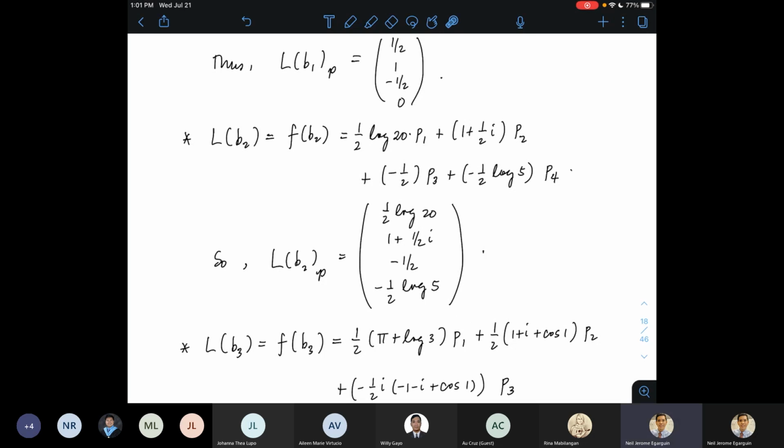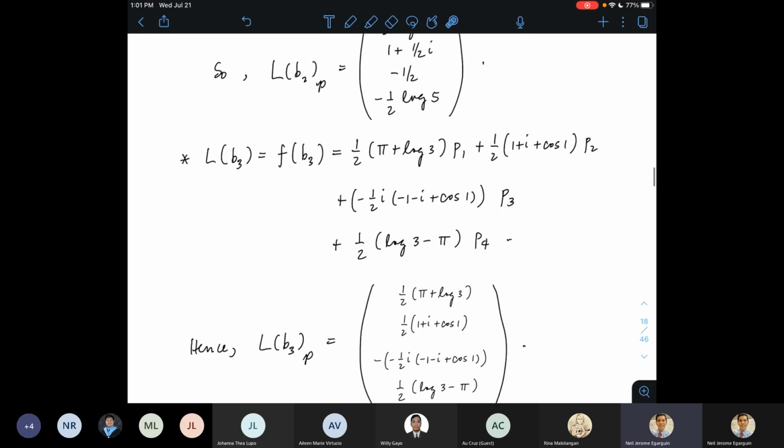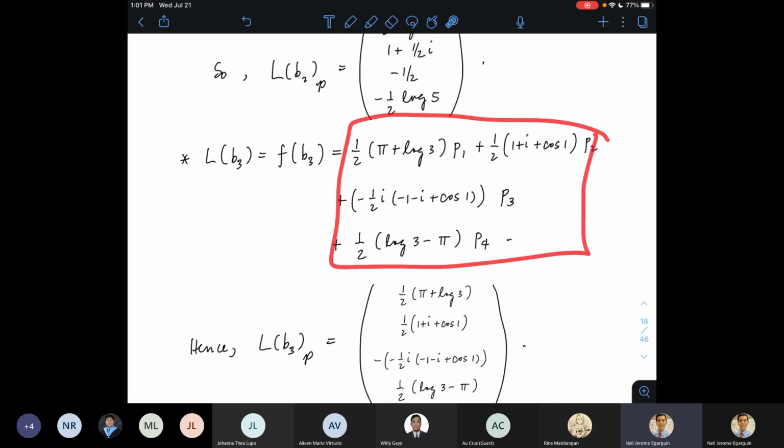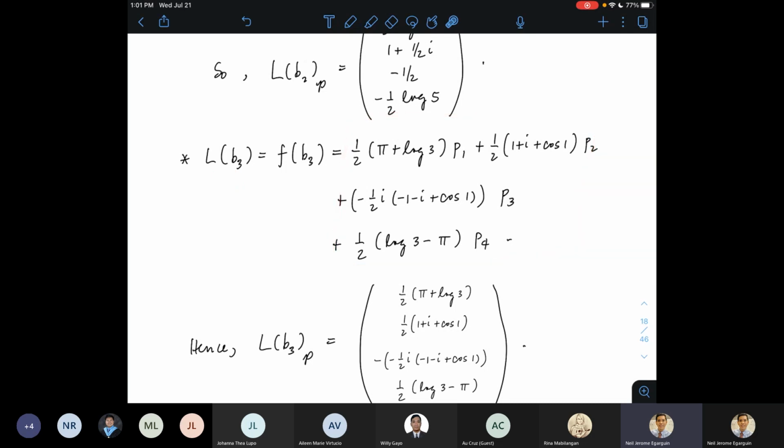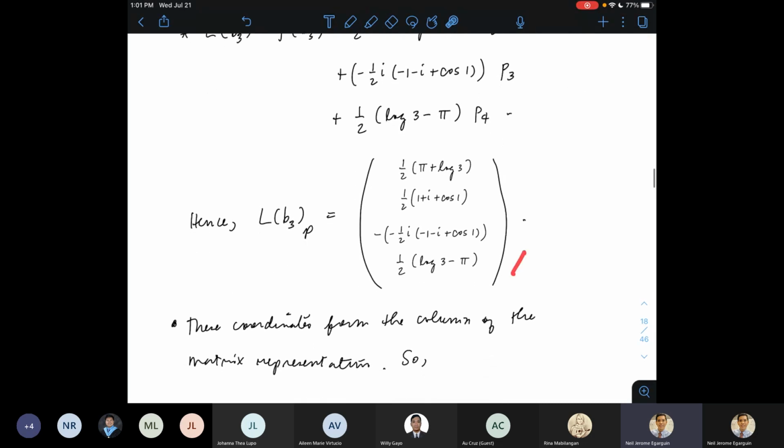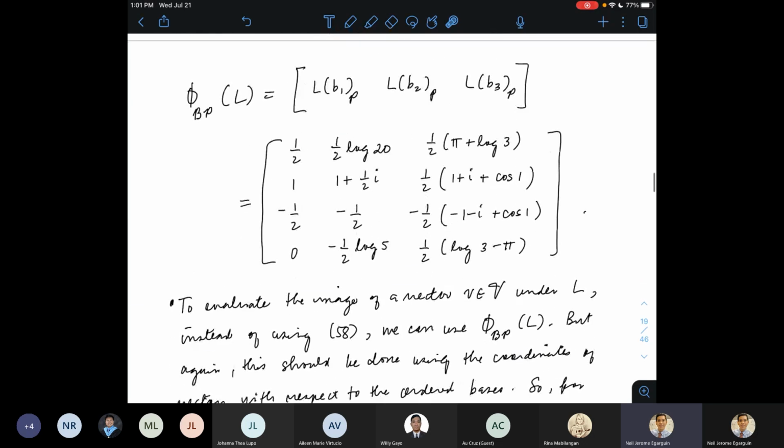And then you'll conclude the first part of your solution by computing LB3, expressing it as a linear combination of the Pauli matrices, then harvesting those coefficients as your coordinates. Okay? And then you can assemble the matrix representation, and that will be this one. All right?